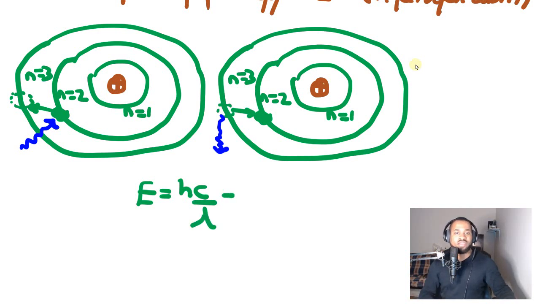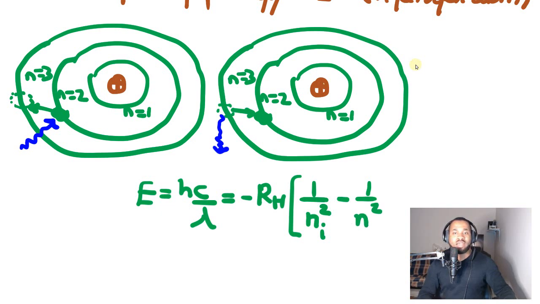And this wavelength here, that expression is equal to negative the Rydberg constant multiplied by the 1 over n initial squared minus the 1 over n squared of the final energy level.